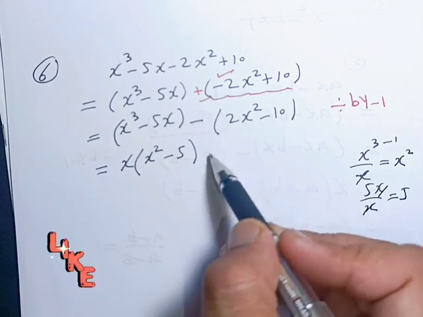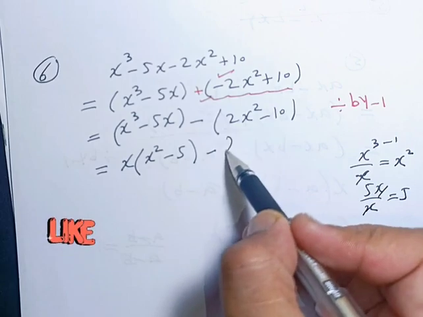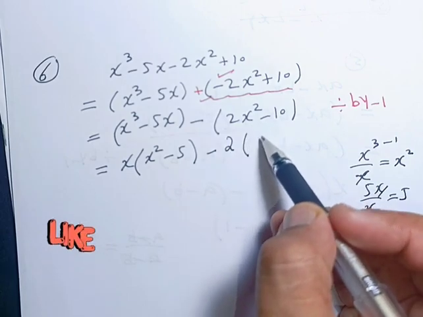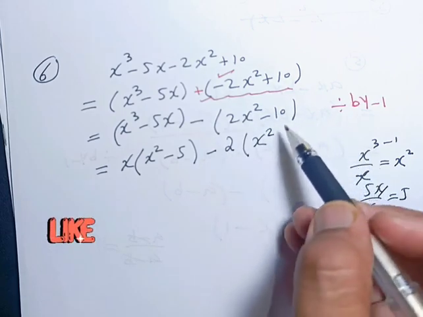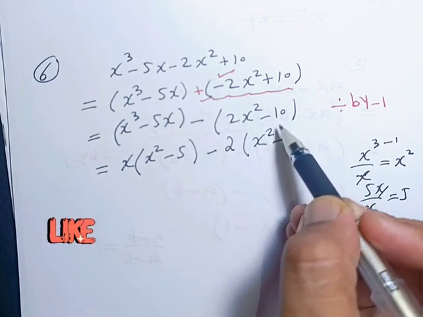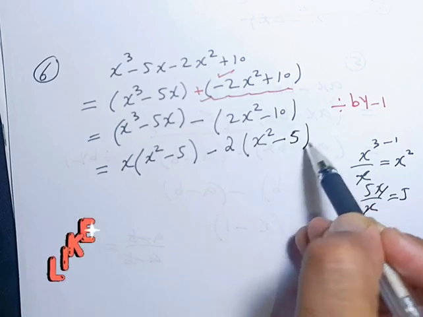Now here, negative. 2 is the common factor here. What is left inside is x power 2, because 2 divided by 2 is 1, negative, right, and 10 divided by 2 becomes 5.